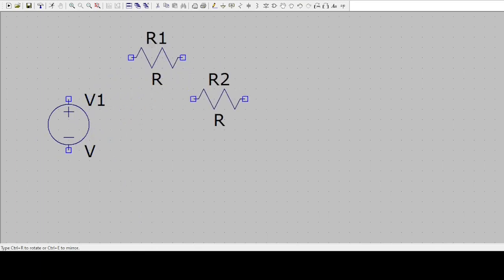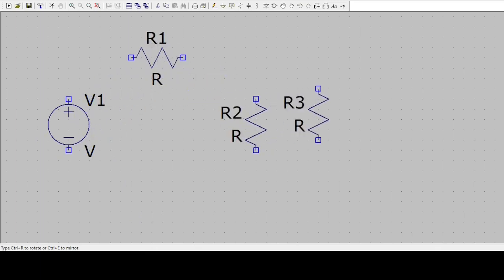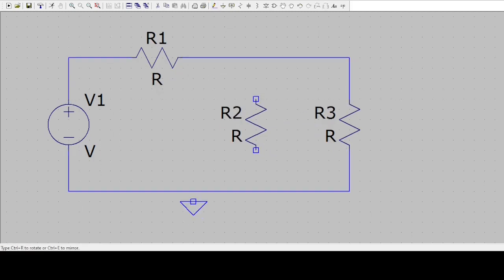So let us create the circuit schematic in LTSpice. We have one voltage source, resistances R1, R2 and R3. Connect the terminals, put some ground. R1 is 3 ohm, R2 was 5 ohm, and load resistance R3 was 2 ohm.